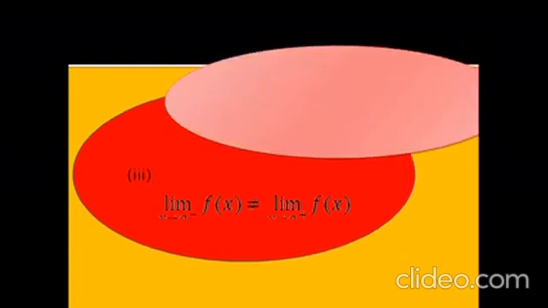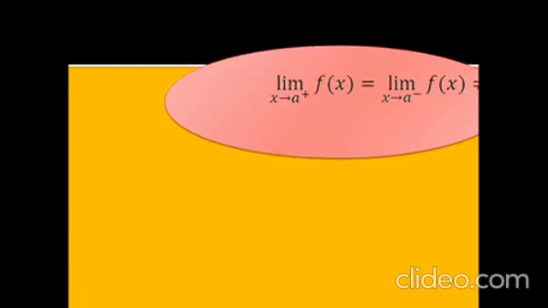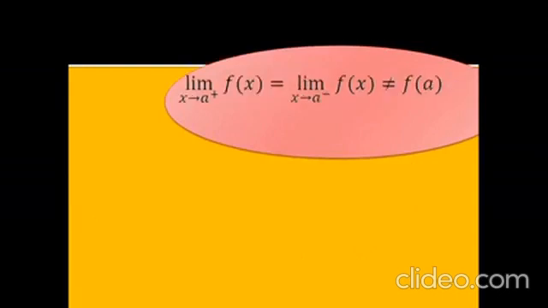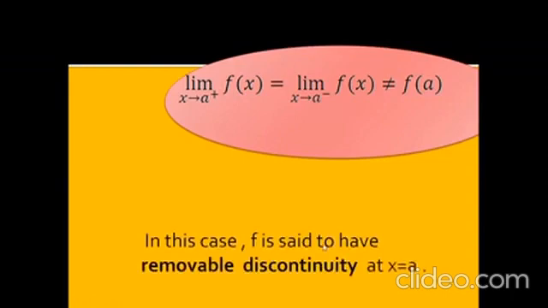In the fourth point, if the limit exists, it means the left hand limit is equal to the right hand limit, but it does not equal f(a). If it is not equal to f(a), then the function is not continuous at a. So we can also say that f is said to have removable discontinuity at x equal to a.